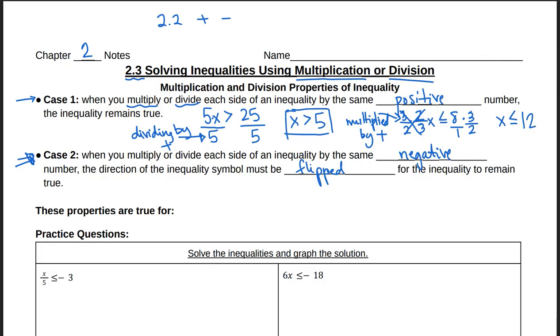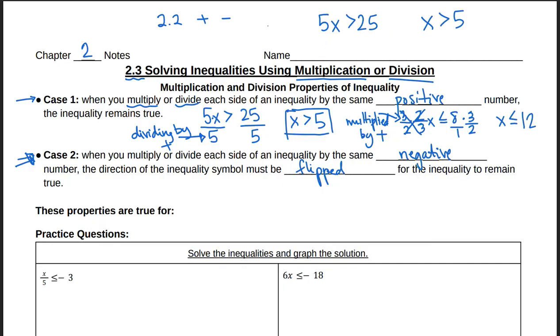We haven't been talking about it up here, but remember, we can always plug numbers in to check our answers. Let's go back to the example 5x is greater than 25, which we solved to be x is greater than 5. I should be able to plug a number into x in both spots, and they should either both be true or both be not true. That means I did it correctly.